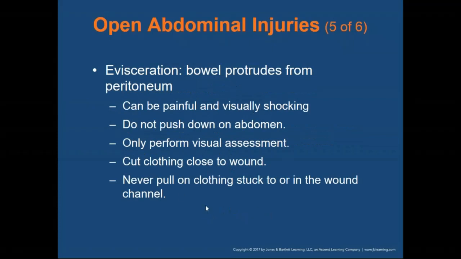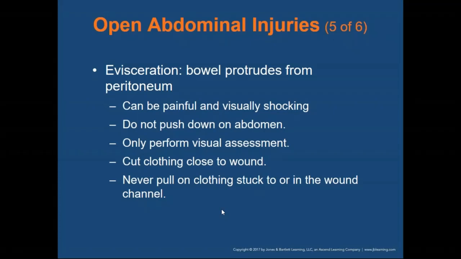Evisceration, that's when you have bowel protruding from the peritoneum through the chest wall to the outside. It's impressive looking the first time you see it. It's kind of a shocking thing to see. You start to inspect the abdomen and, oh wow, this is not a good deal. We don't try to put the eviscerated bowel or other organ back in.